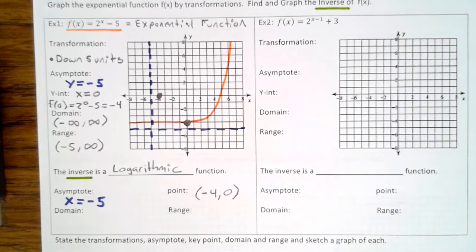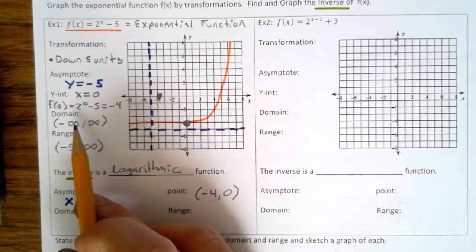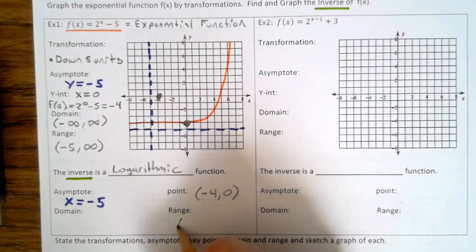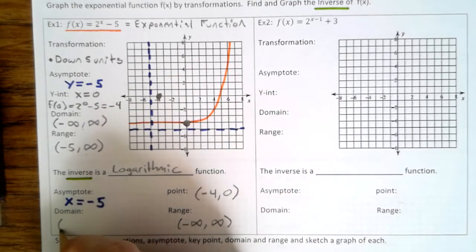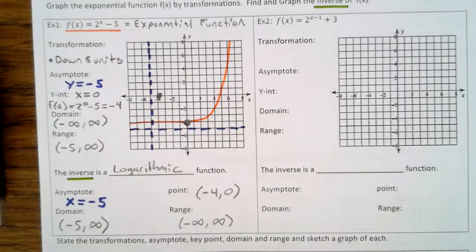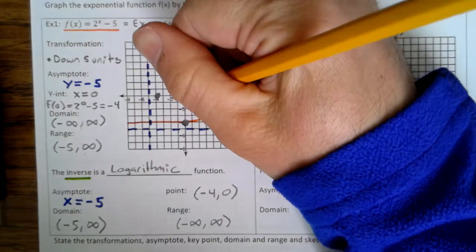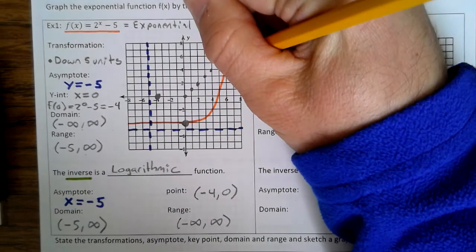Now the domain, remember, switches. So the domain was negative infinity to positive infinity. Now the range is negative infinity to positive infinity. The range was negative 5 to infinity, so now the domain is negative 5 to infinity. Now, before we finish graphing the logarithmic, we want to graph the y equals x line, because you know the inverses reflect over the y equals x line.